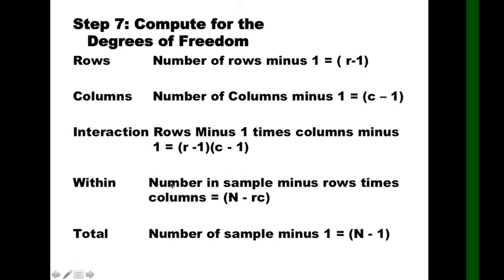So these are the formulas. For the within, the number of samples minus row times column, N minus RC. And the total, the number of samples minus 1, is equal to N minus 1. So these are the formulas for the degree of freedom. So N minus 1, N minus RC, R minus 1 times C minus 1, C minus 1, and R minus 1.